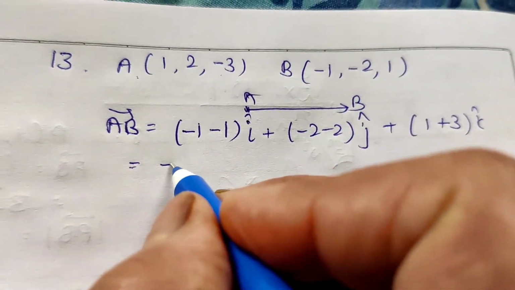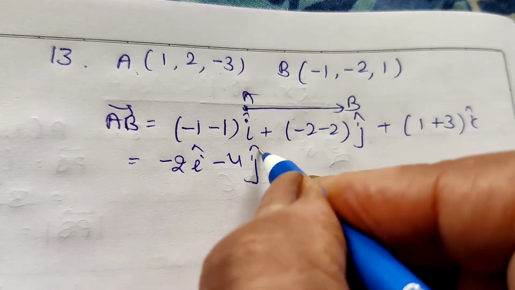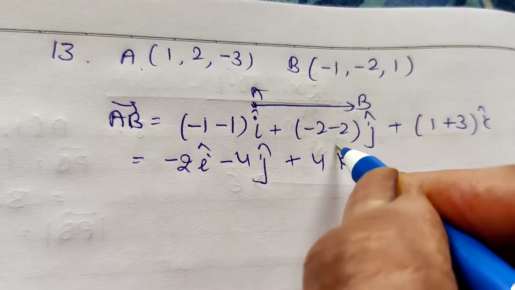The vector is equal to minus 2i minus 4j plus 4k.